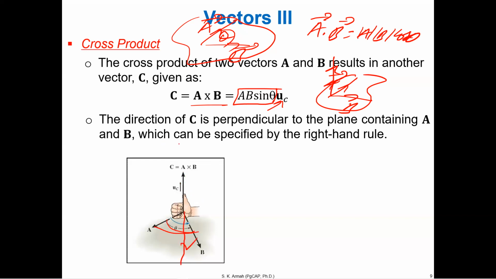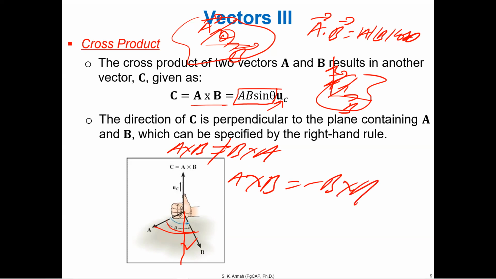So in cross product, A cross B is not the same as B cross A, but actually A cross B is the negative of B cross A. In dot product, A dot B is equal to B dot A; you get the same. But in the vector product, one is the opposite of the other.